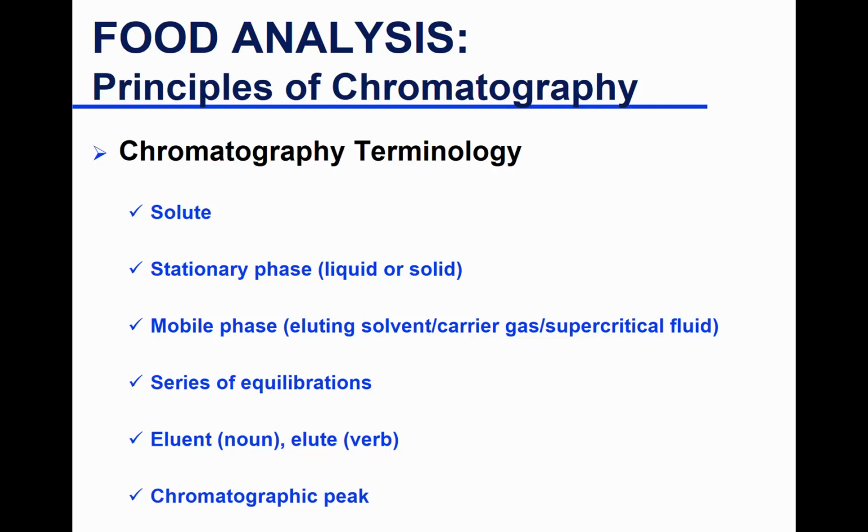And a chromatographic peak, in a chromatogram, we deal with chromatographic peaks. So to illustrate, many of you have probably seen a chromatographic peak, but let's say our detector is a UV detector, or we have a thermal conductivity detector, that's for a GC, UV is for HPLC.